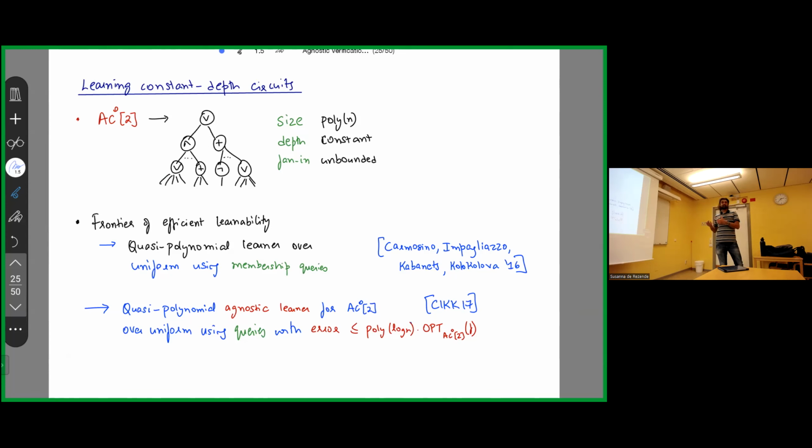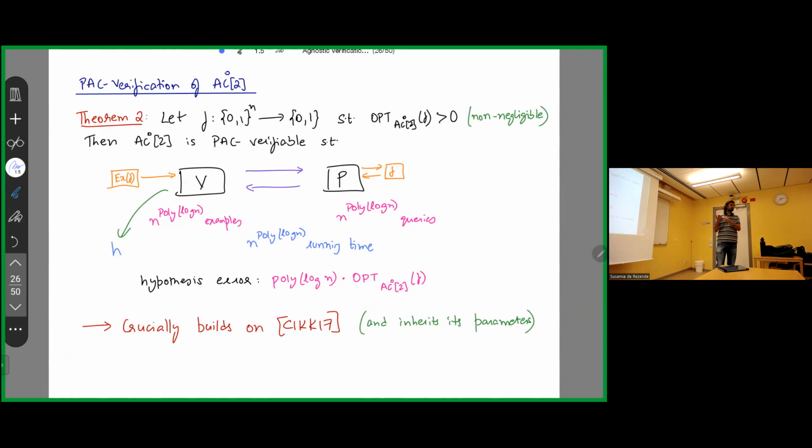A follow-up work shows a quasi-polynomial time agnostic learner for AC0 parity using membership queries, but the error is multiplicative: polylog n times opt. The key thing here is that the learning algorithms known for this class, realizable as well as agnostic, use membership queries.